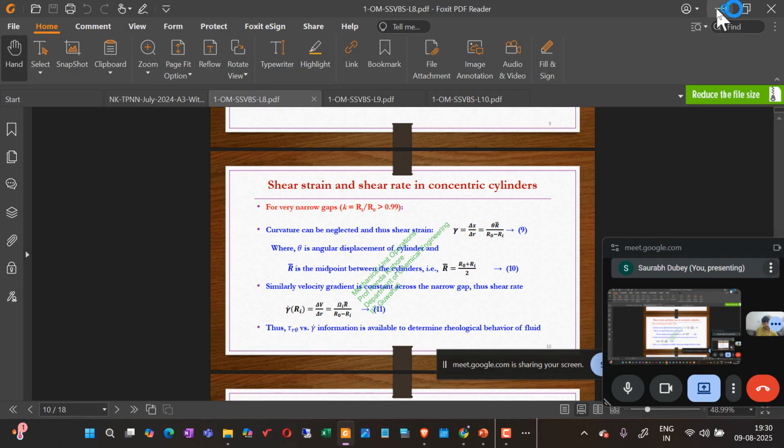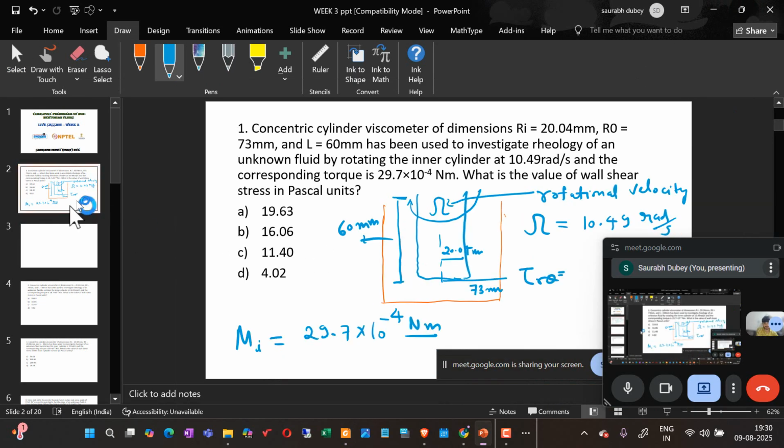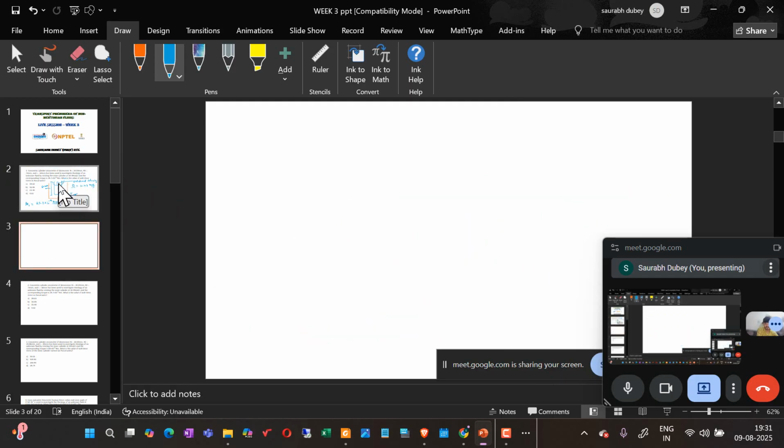If you see this in your problem, what you have to find is this ri by r0. Once you see that ri by r0 value for your particular question, you will come to know which particular equation will be satisfied for this question.